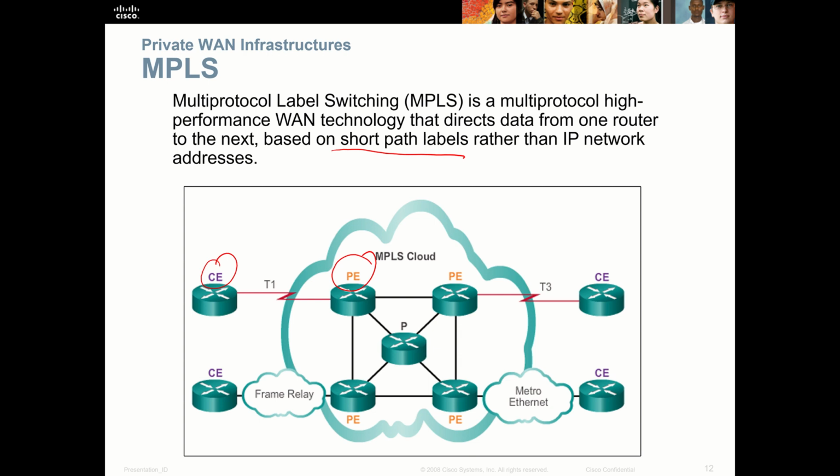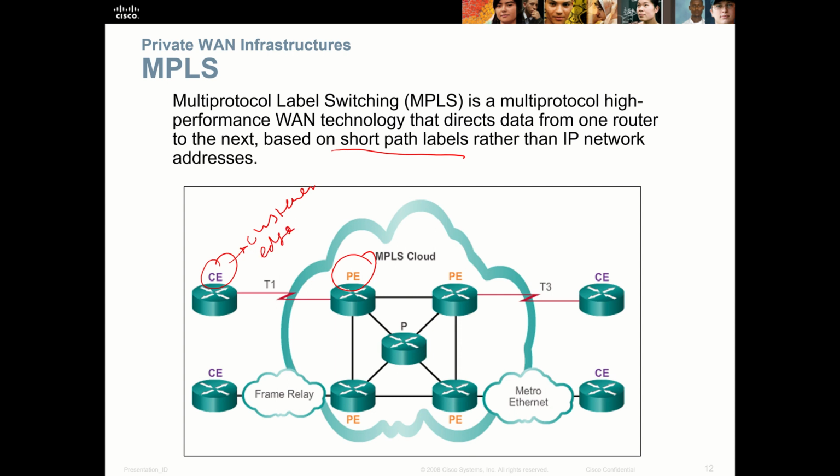So what is CE? CE is the customer edge, the device at the customer end, the router at the customer end. So this is CE, customer edge.